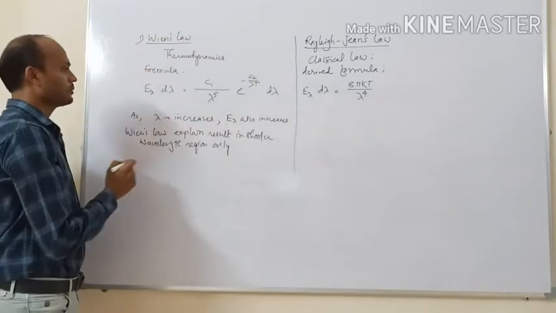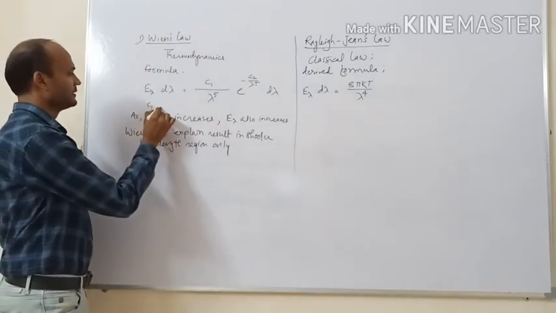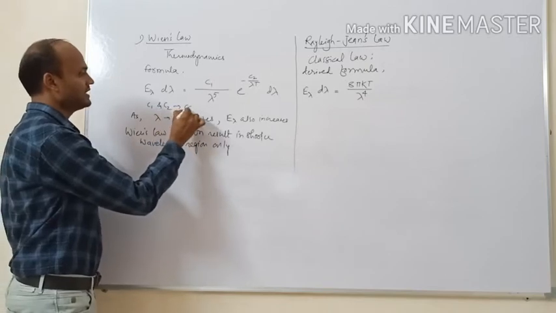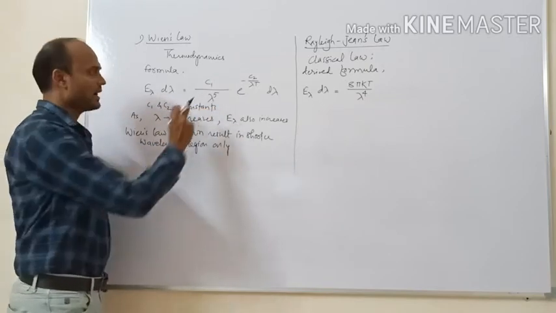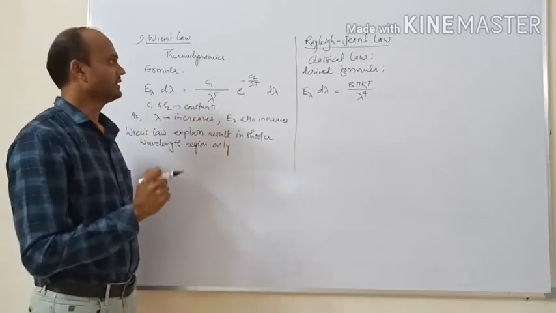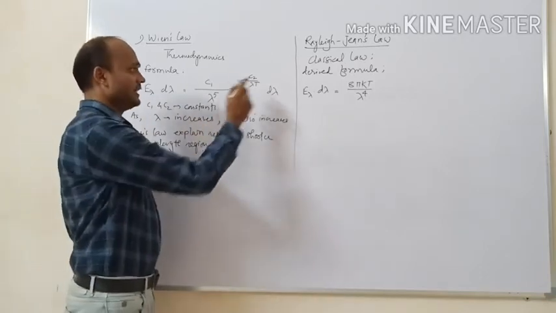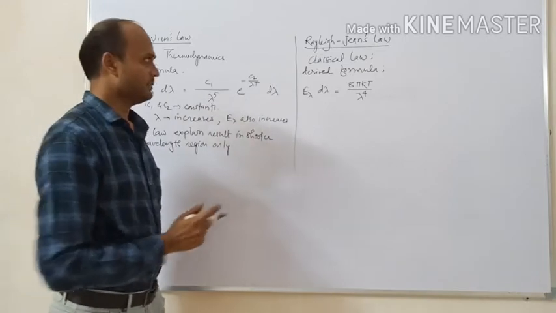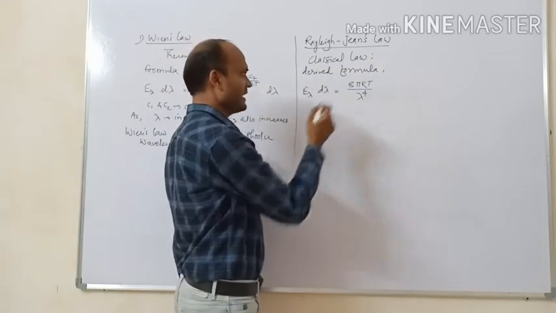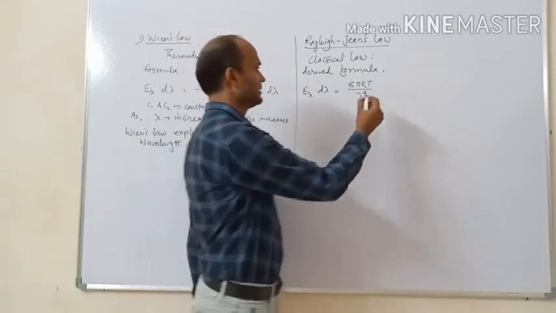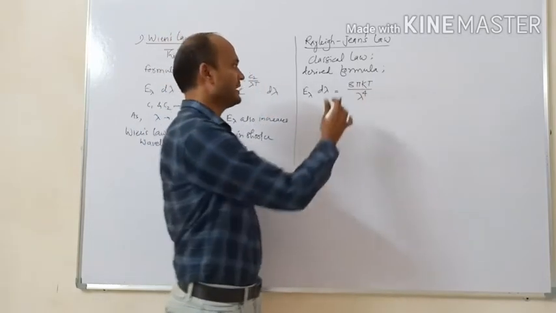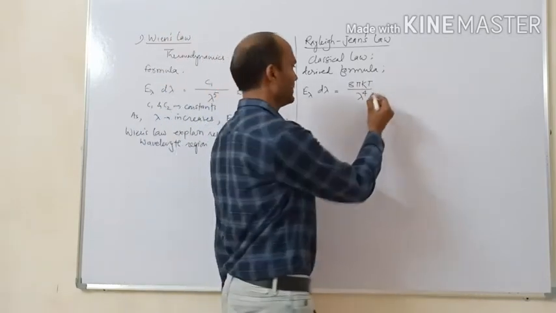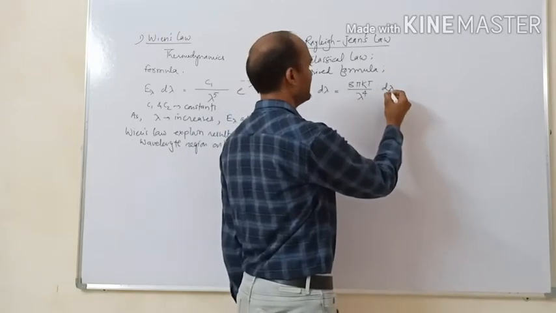Here in Wien's formula, C1 and C2 are constants, lambda is the wavelength, and T is the absolute temperature. Similarly here, k is the Boltzmann constant, T is the absolute temperature, and lambda is the wavelength.